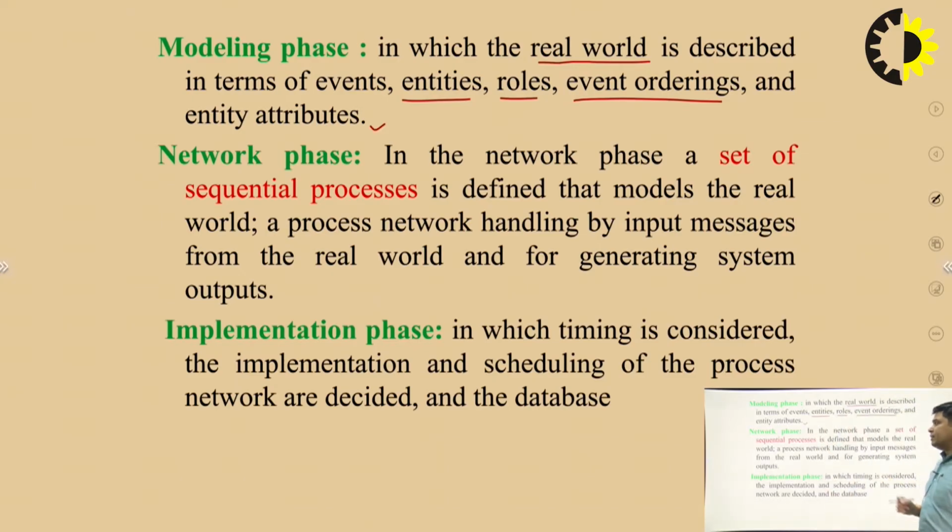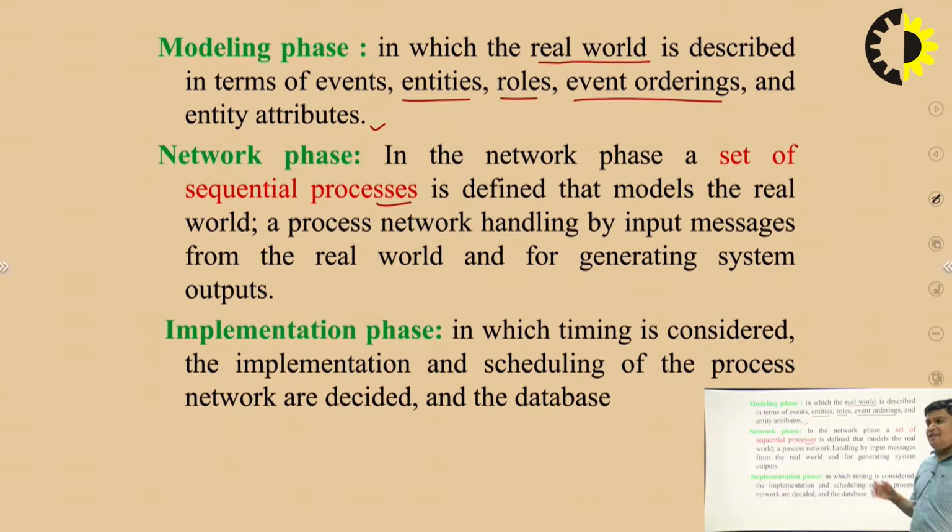In the network phase, a set of sequential processes is defined that models the real world. A process network handles input messages from the real world and generates system output.